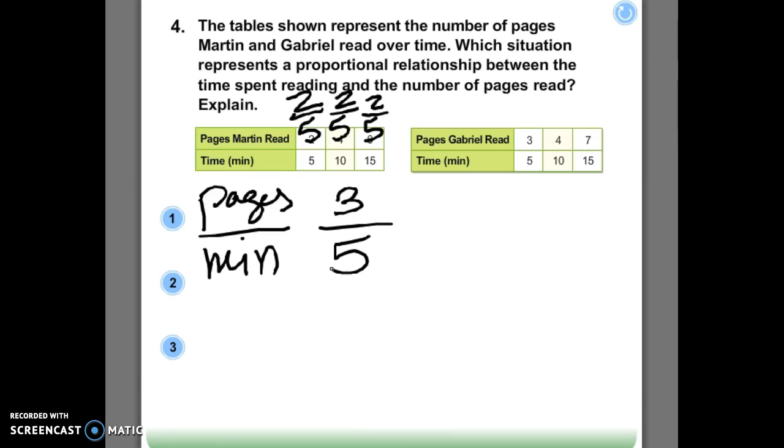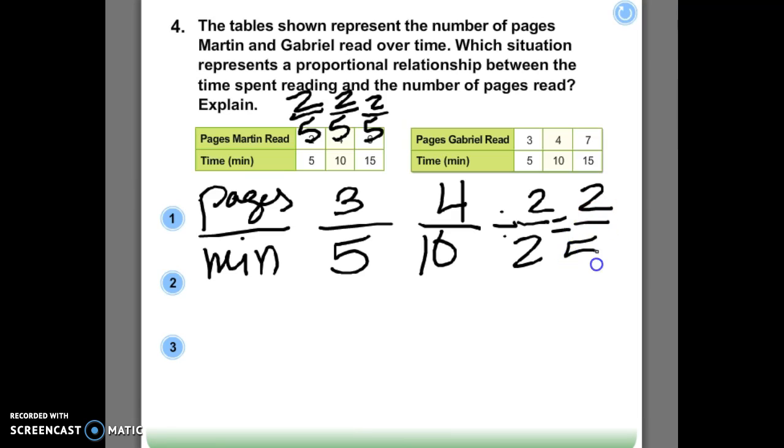Now I have 4 pages in 10 minutes. I can divide both 4 and 10 by 2. 4 divided by 2 is 2. 10 divided by 2 is 5. So I had 3/5, and then I had 2/5. So I already know that Gabrielle doesn't read in a proportional ratio.